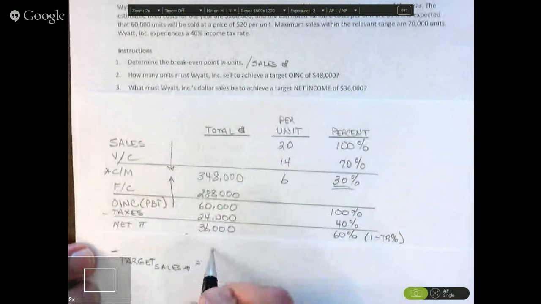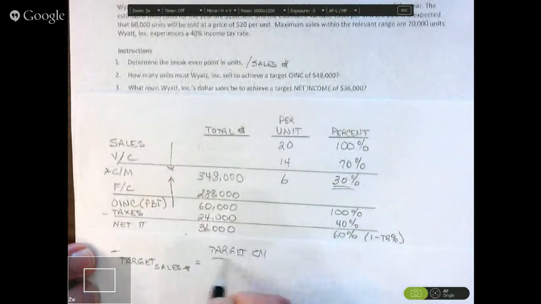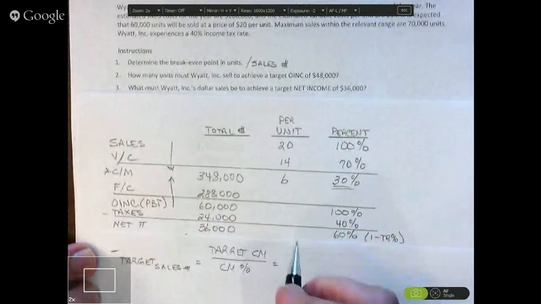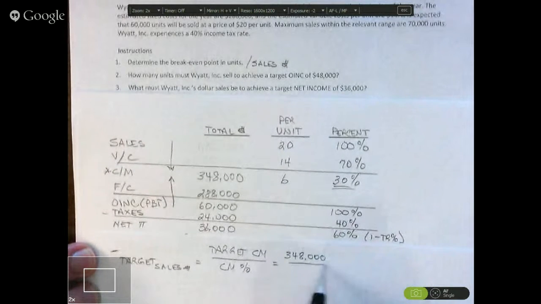which would be the target contribution margin divided by the contribution margin ratio or the contribution margin percent. The target contribution margin is $348,000 divided by 30%.